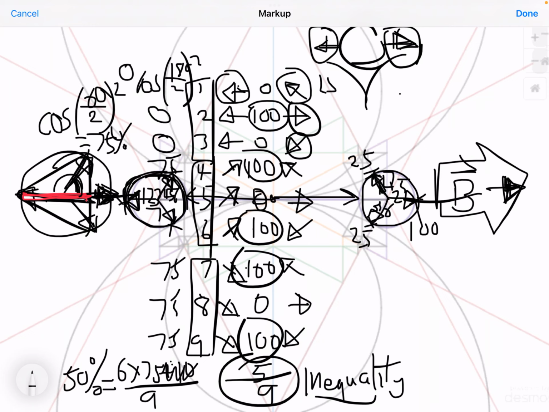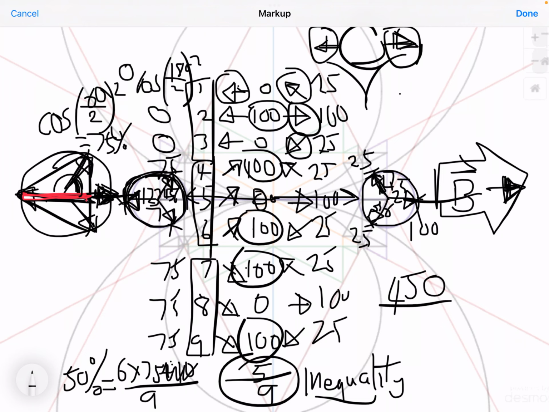Okay, so you've just got 25%, 100%, 25%, another 25%, 100%, 25%, 25%, 100%, 25%. You just add all those up and you get a total of 450% out of 500% because you've got 9 possibilities. Divided by 9 possibilities, you get 50% again, exactly.